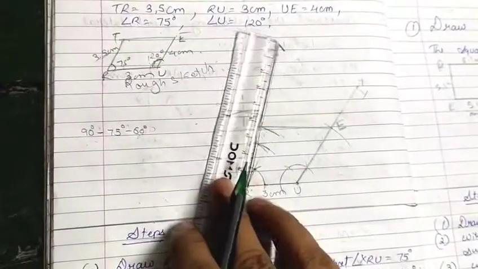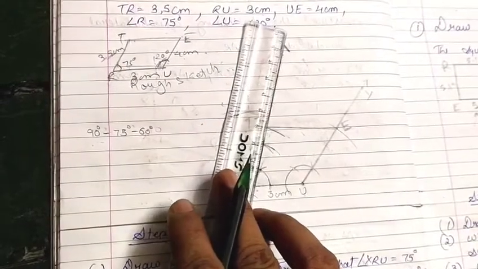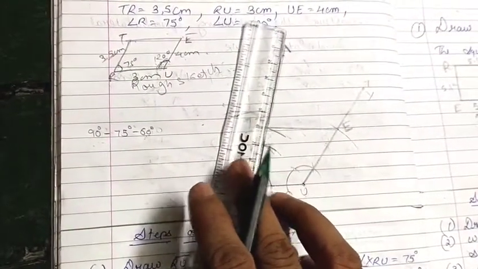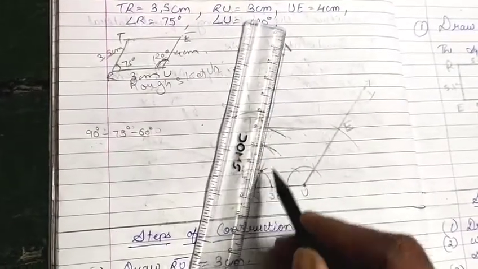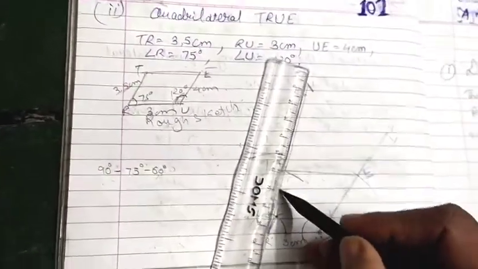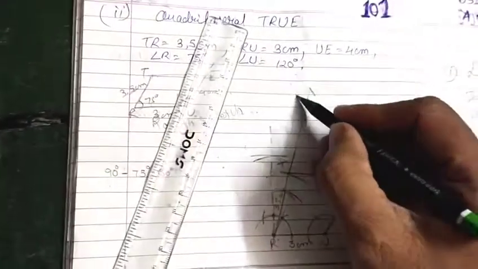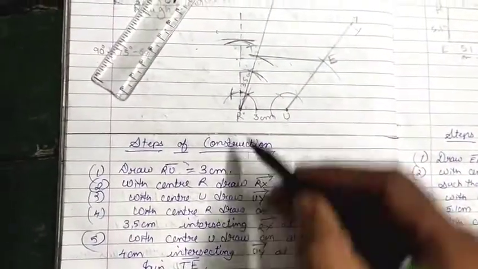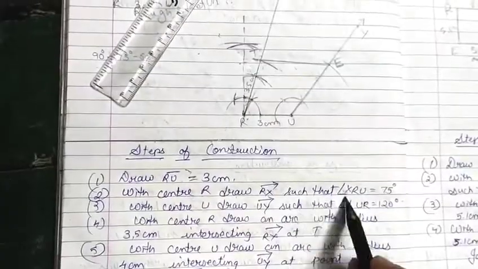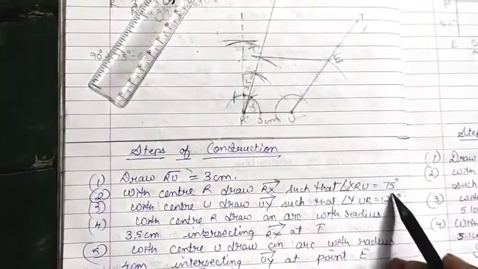After getting 75 degree, place your scale properly over 2 points, that is on R and wherever you got your 75 degree, and draw one big ray and name it ray RX. See here, we center R, draw ray RX such that angle XRU is 75 degree.